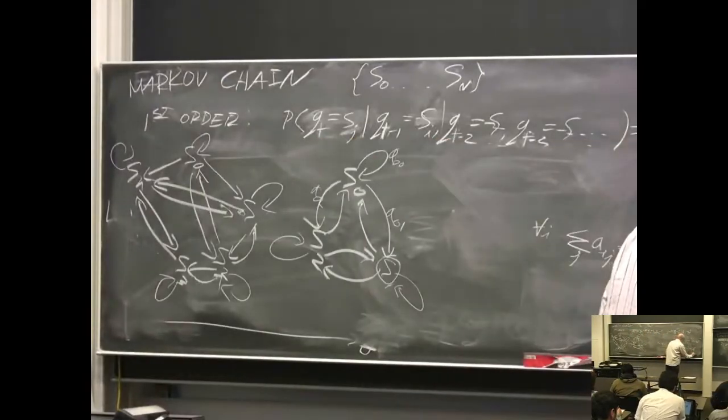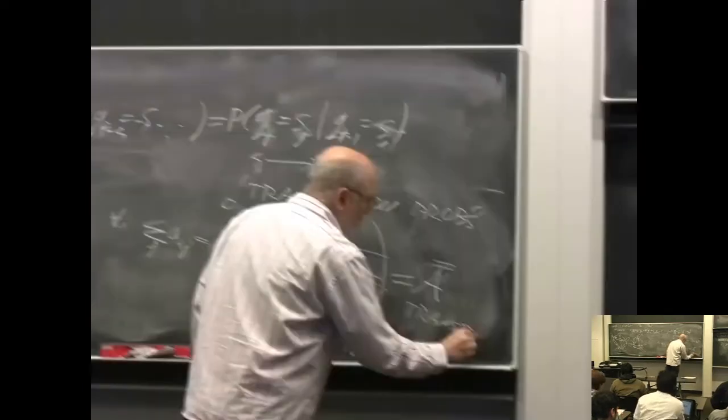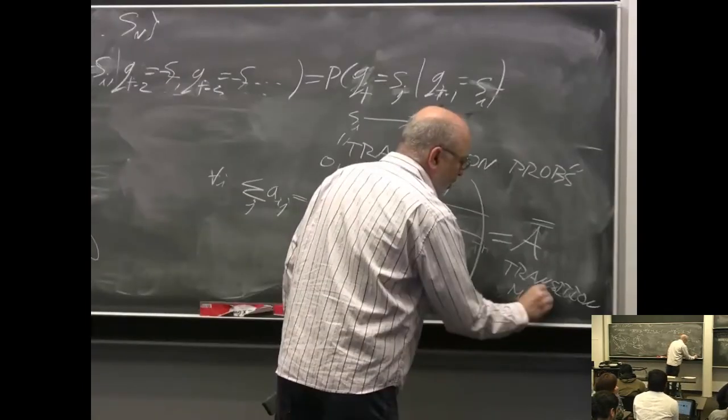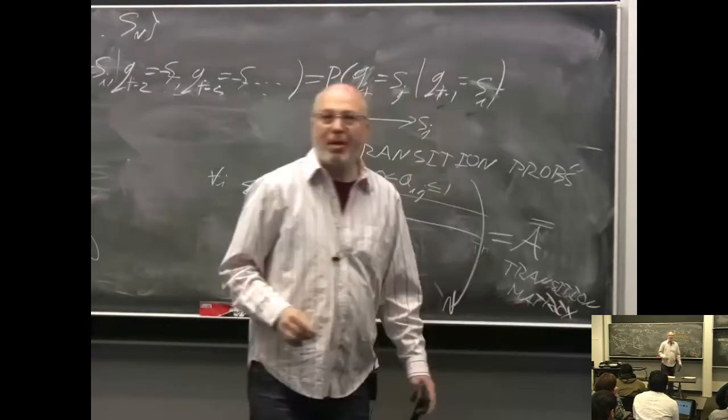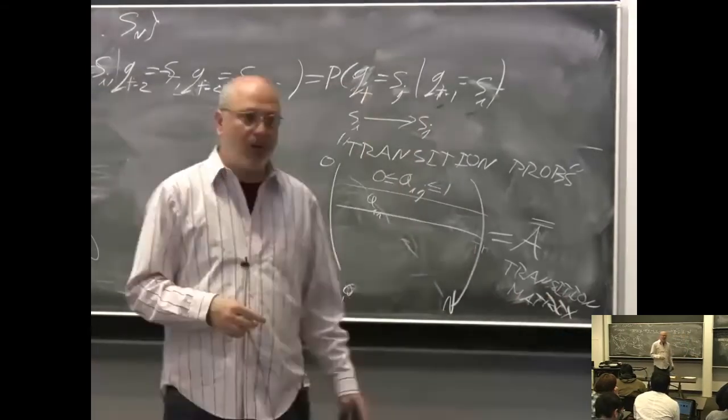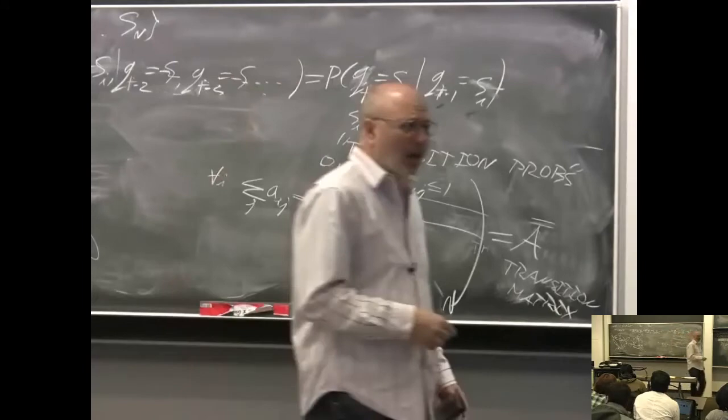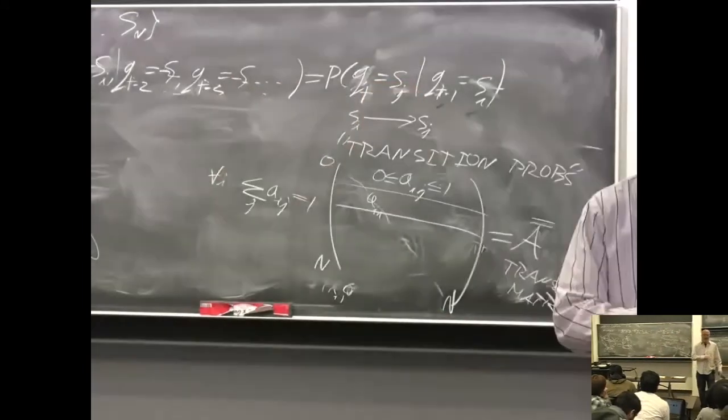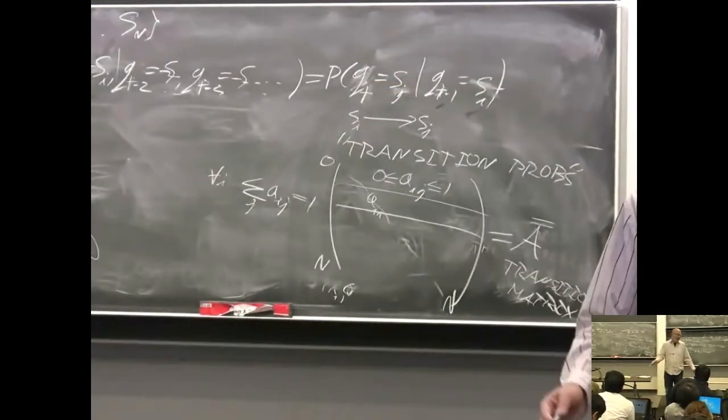This is the matrix that describes the dynamics of transitioning between parts of speech. And you can decide that some of these transitions are 0 because the grammar doesn't allow them. Fine, that's up to you.